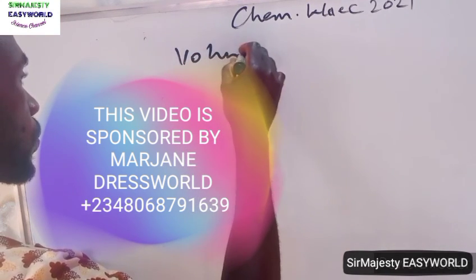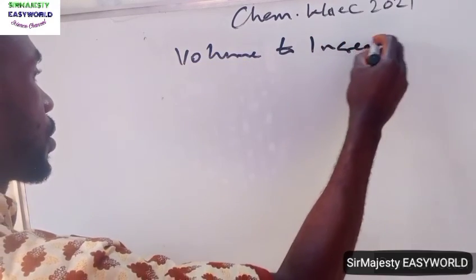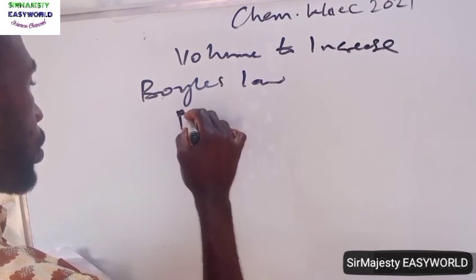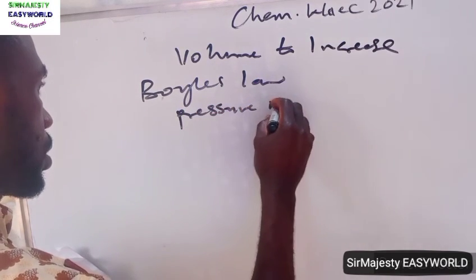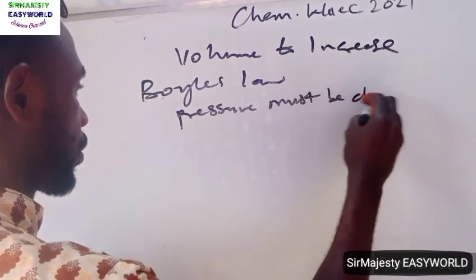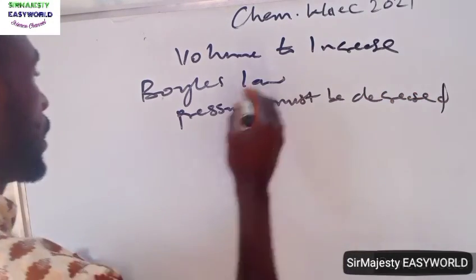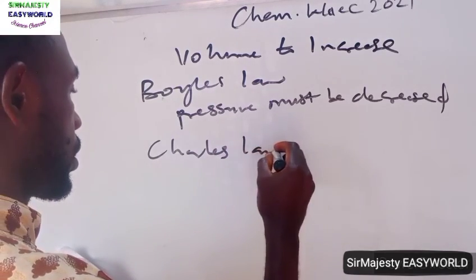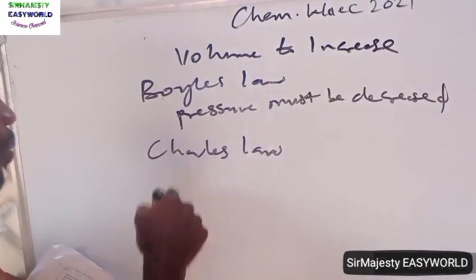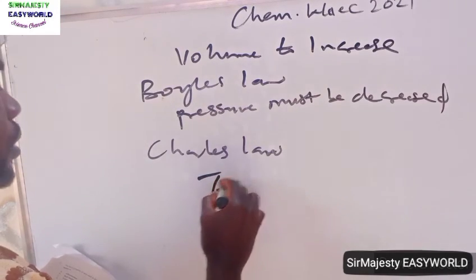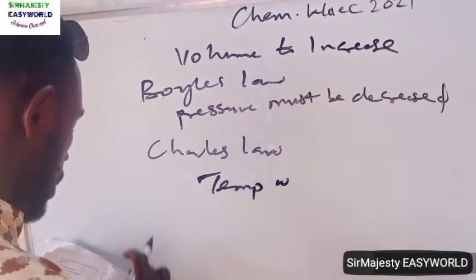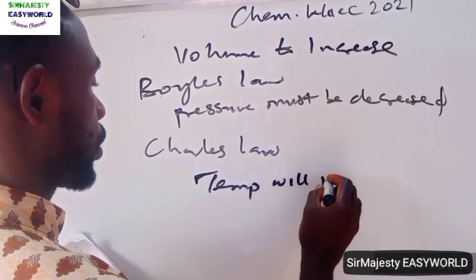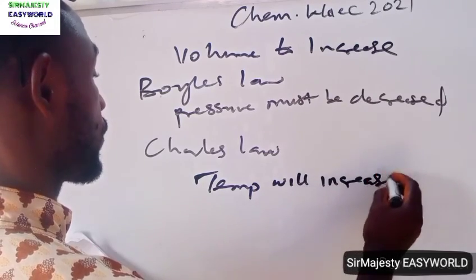For volume to increase, according to Boyle's law, pressure must be decreased. That is inverse proportion. Then according to Charles' law, for volume to increase, temperature must also increase. So an increase in temperature of a gas will automatically lead to an increase in volume.